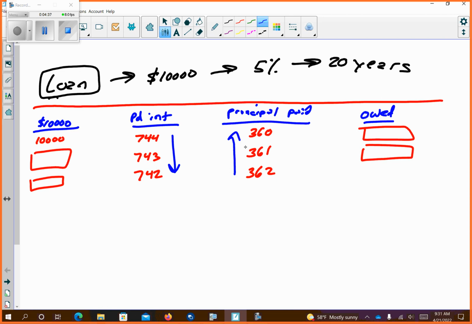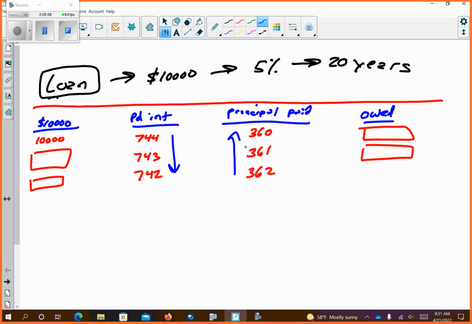As you get further and further into paying off a house loan, let's say you took a house loan out for 30 years, your very last payment is going to be almost all principal, and a few pennies go towards interest. As the paid interest lowers, the amount that you put towards principal rises, because you're making an equal payment each time.